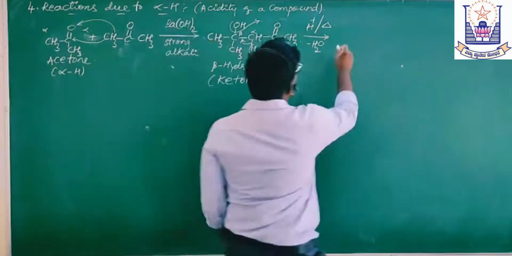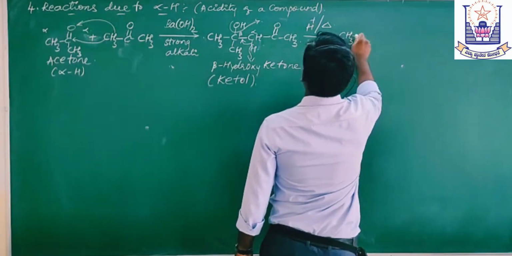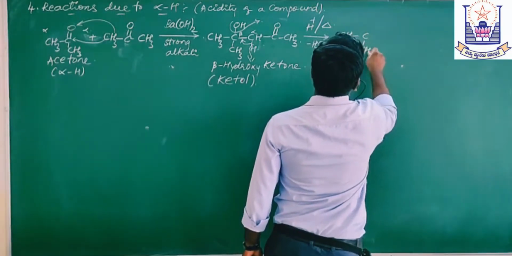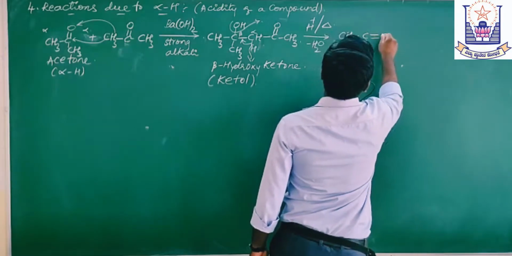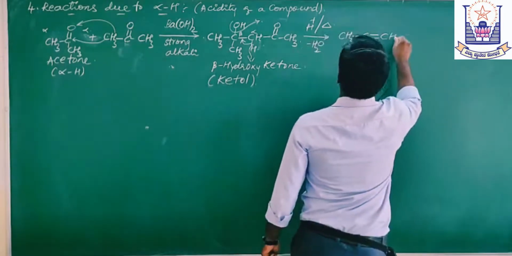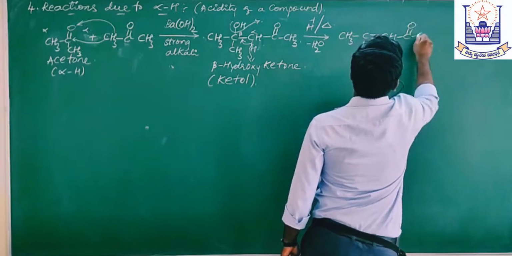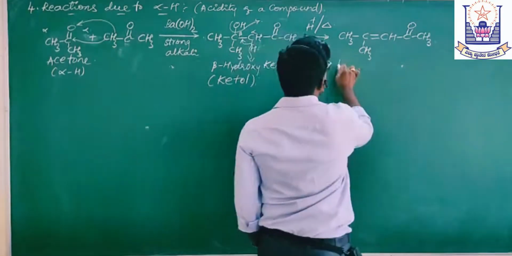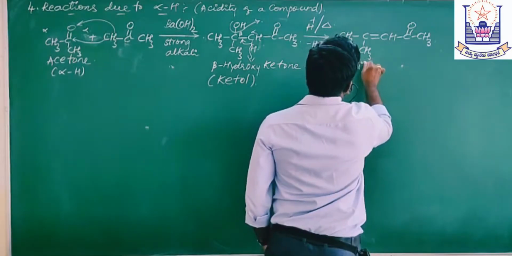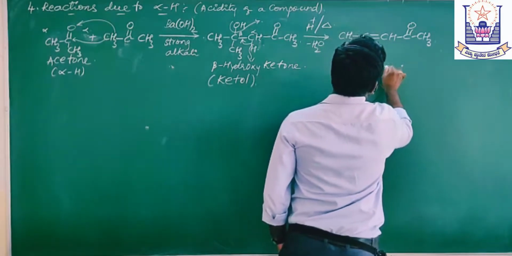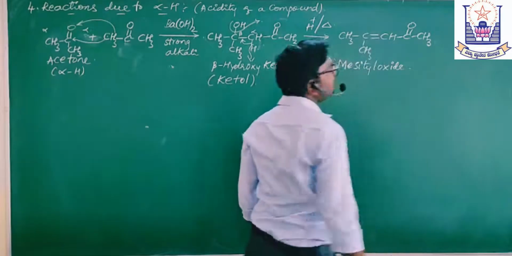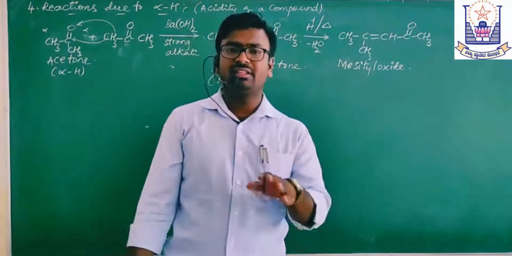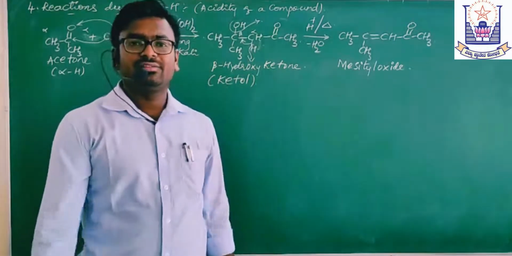So now the product will be CH3 C CH3 double bond CH CO CH3. In the common system, it is called mesityl oxide. We have already discussed this mesityl oxide in the nomenclature of ketones.